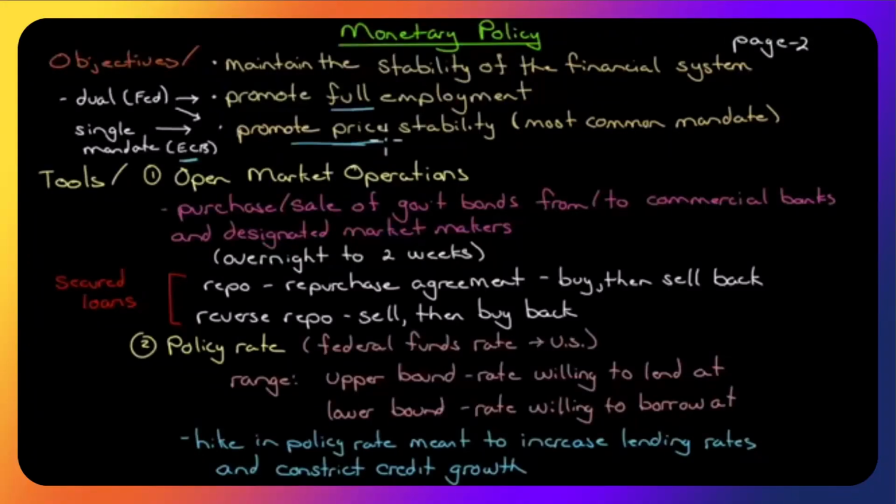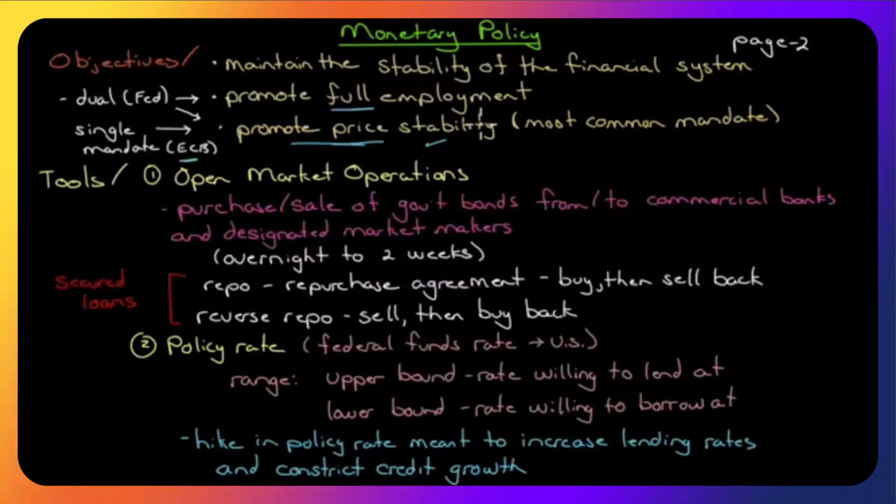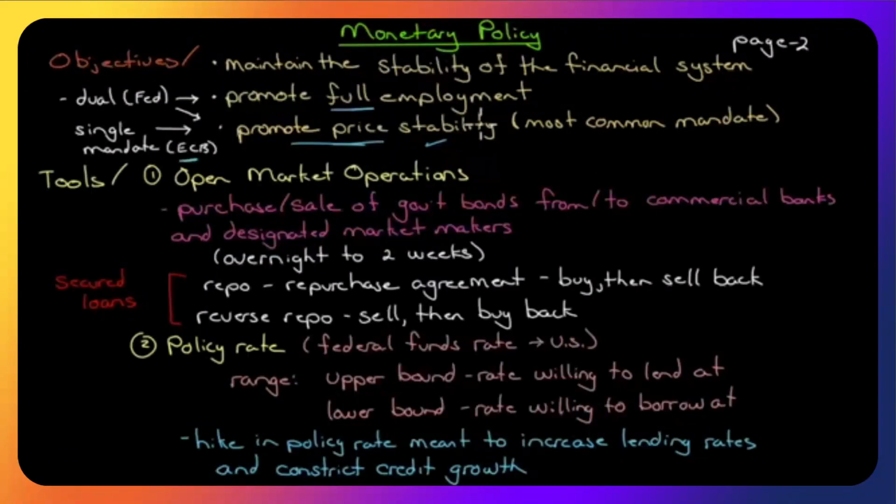So the Fed conducts monetary policy with those 2 mandates in mind, whereas the ECB conducts monetary policy with just price stability in mind. However, they all have these as objectives. It's just that they'll use monetary policy for 1 or 2 of these objectives. They're called mandates: maintain the stability of the financial system, promote full employment, and promote price stability, which is the most common mandate.